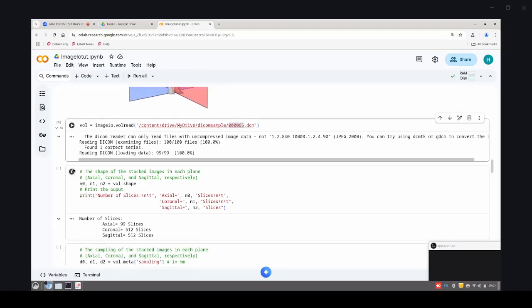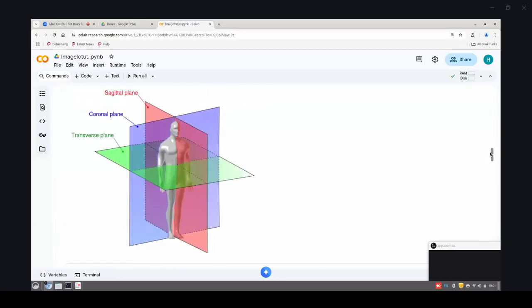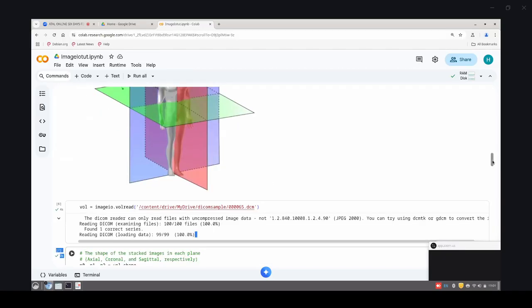If I analyze the shape of the image, I can see that around the axial plane there are 99 slices, around the coronal plane there are 512 slices, and around the sagittal plane there are 512 slices. This means that this CT scan image of the human body is cut 99 times along the transverse plane, and along the coronal or sagittal plane it is cut 512 times to get 512 different images.